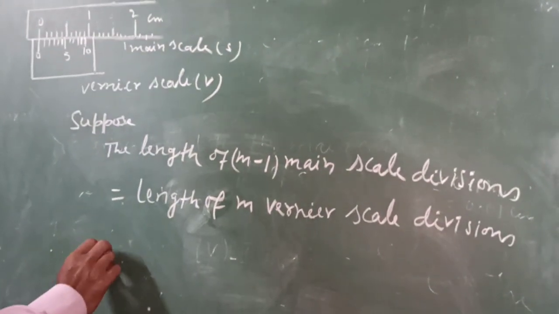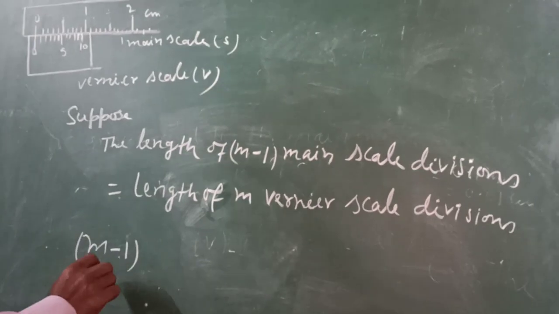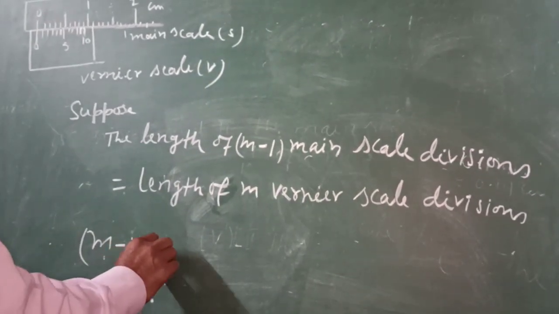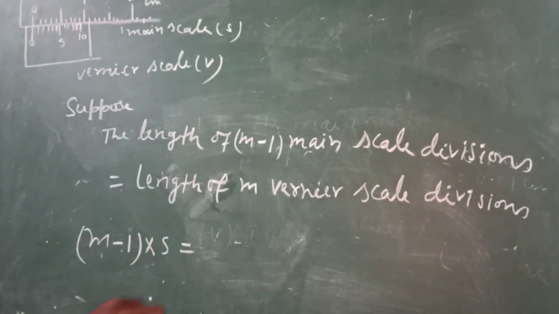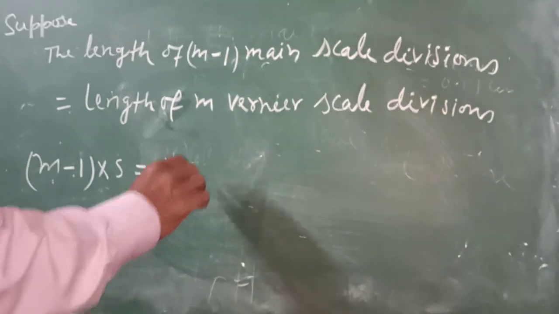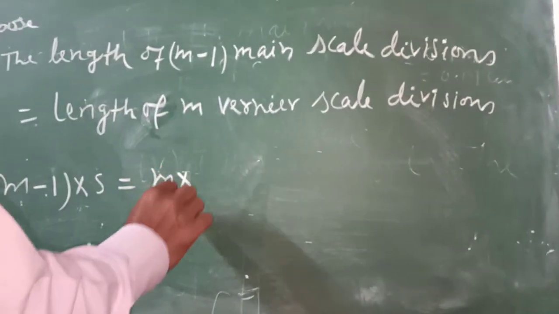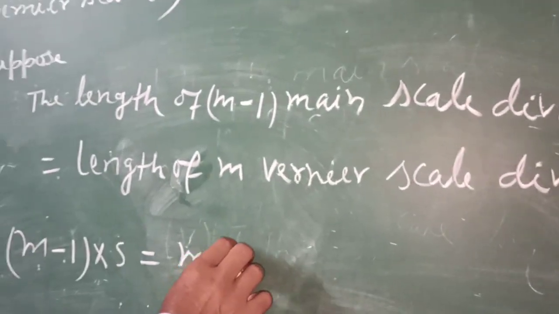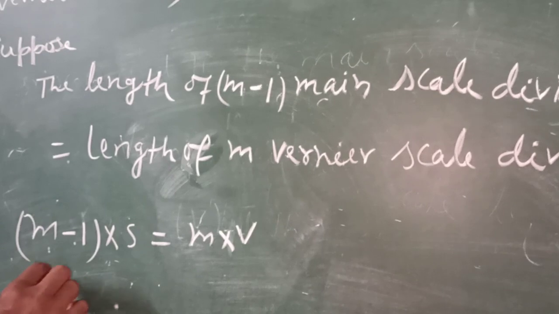Therefore, m-1 number of divisions of main scale multiplied by S is equal to the number of divisions m on vernier scale multiplied by V.